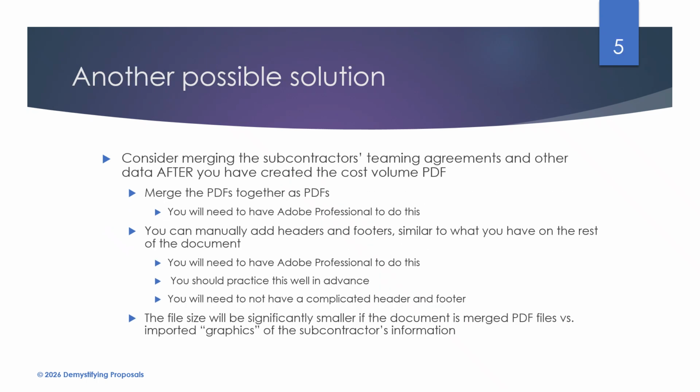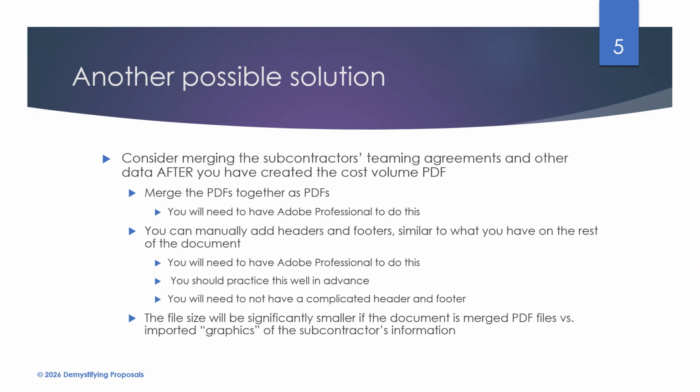Another possible solution is to consider merging the subcontractor's teaming agreements and other data after you've created the cost volume PDF with all of your company's information. You can merge the PDFs together as PDFs. You will need to have Adobe Professional to do this, but then you can manually add headers and footers similar to what you have on the rest of the document.